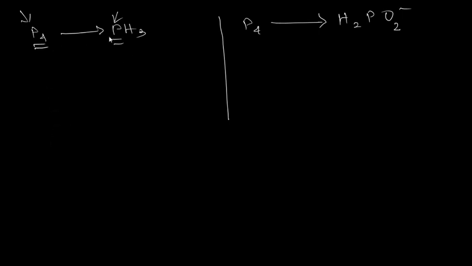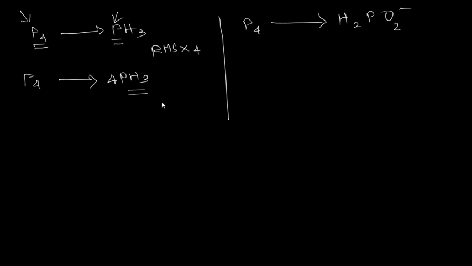First, balance the P, phosphorus. On the reactant side, we have P4, so the atomicity should be balanced. The product side has to be multiplied by 4. So the next step: P4 gives 4 PH3. Next, we have to balance the hydrogen here.